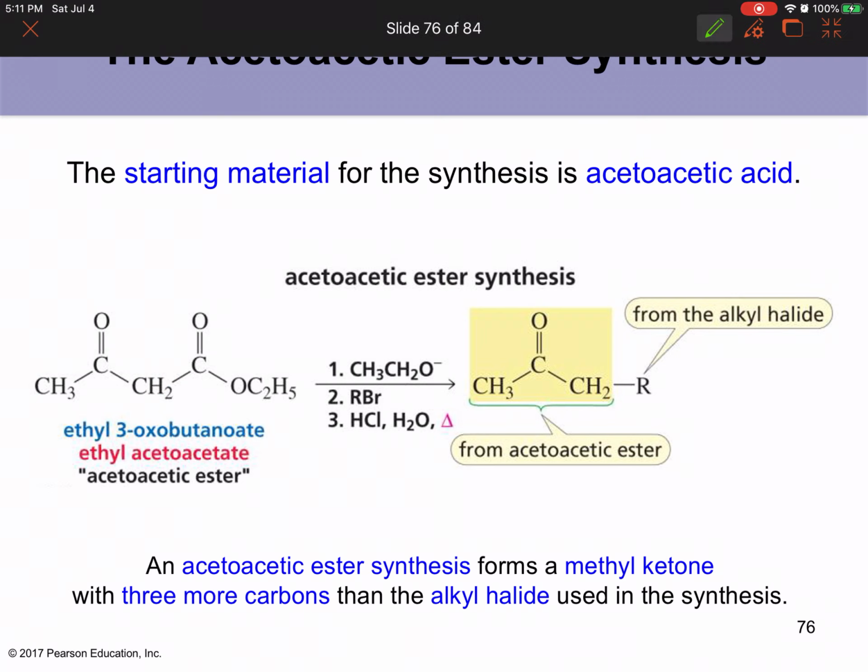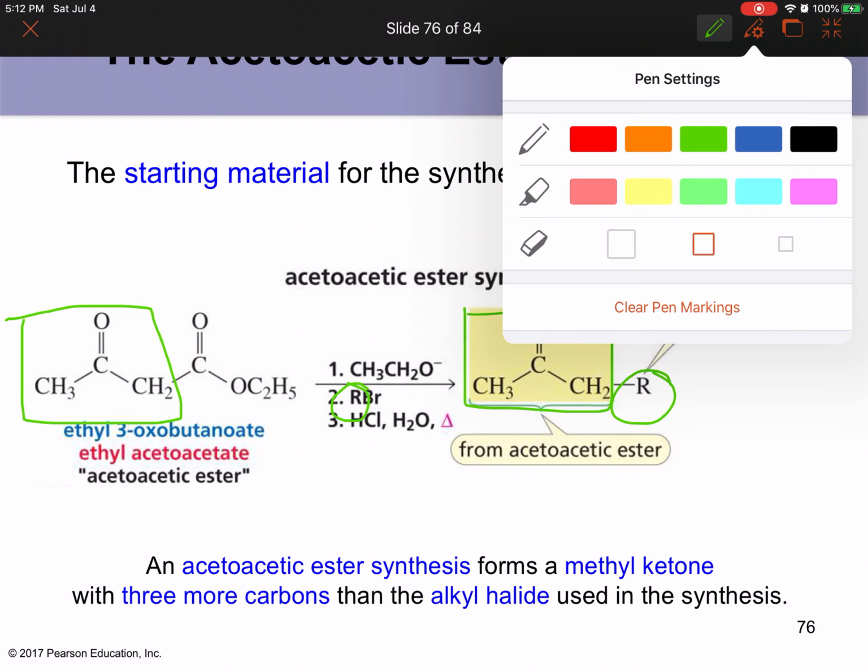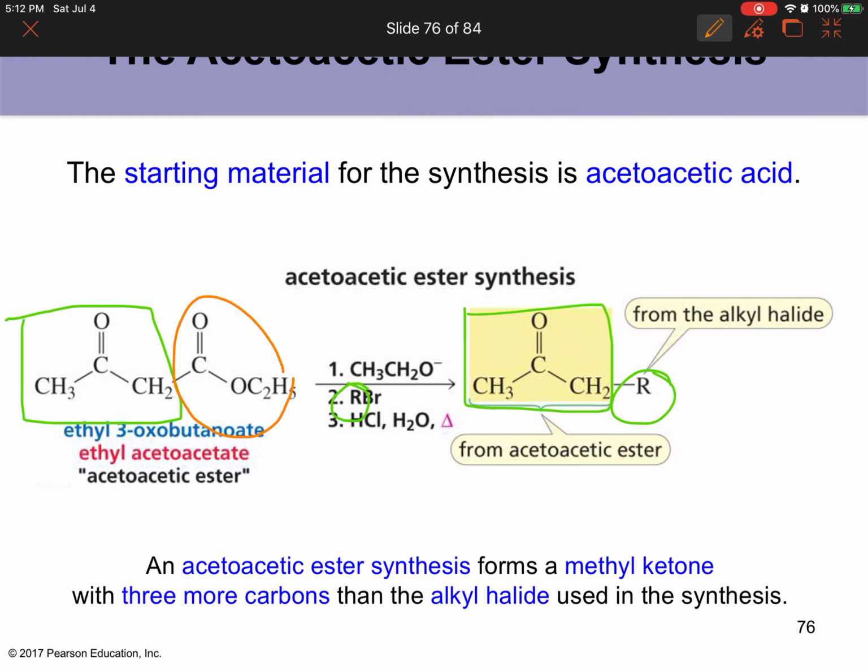So in the acetoacetic ester, you're going to retain this part, which is this green part over here: CH3, CO, CH2. Whatever the alkyl group is will end up on here. And the other part will be lost as carbon dioxide at the very end.